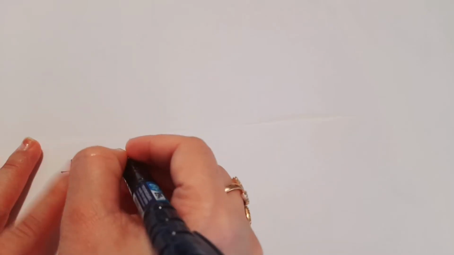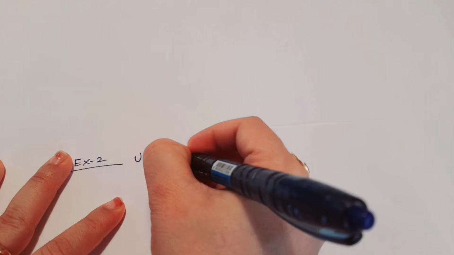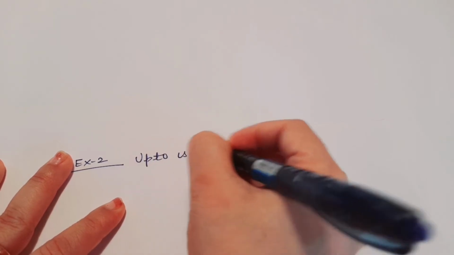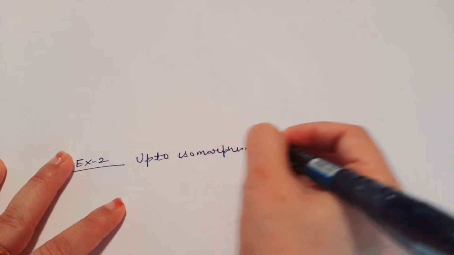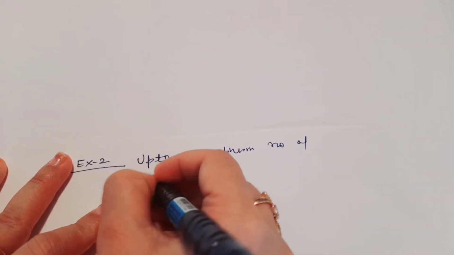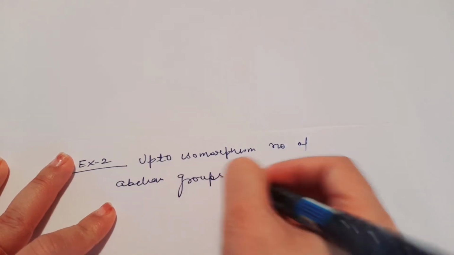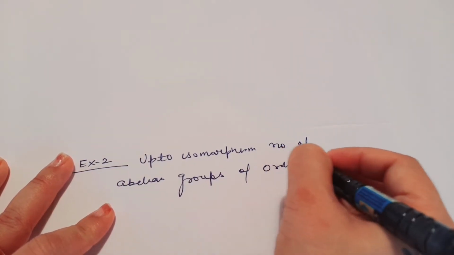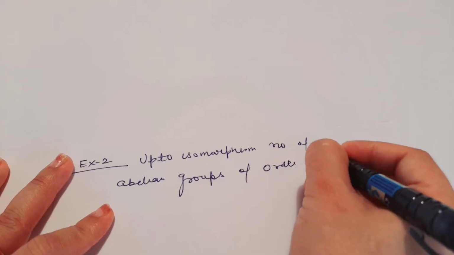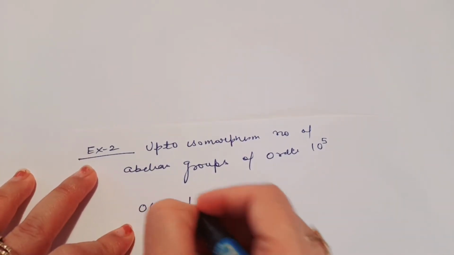Example number 2. This is also a question of GATE: up to isomorphism, you need to calculate the number of abelian groups of order 10 raised to power 5. So the order of G is 10 raised to power 5.